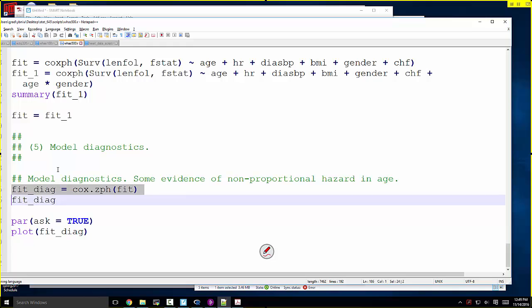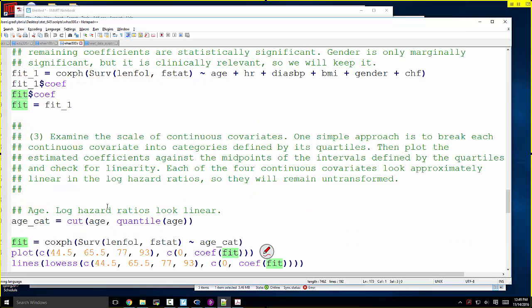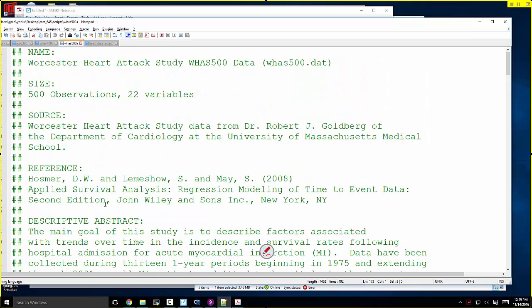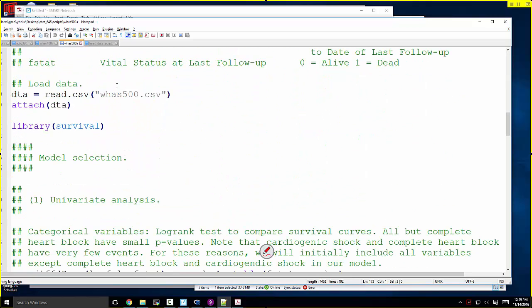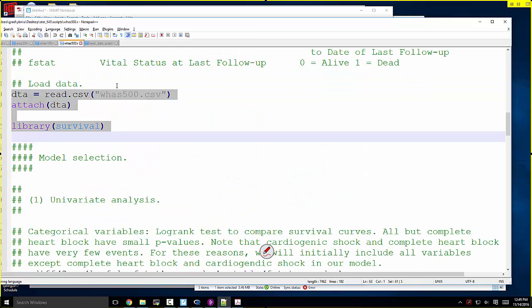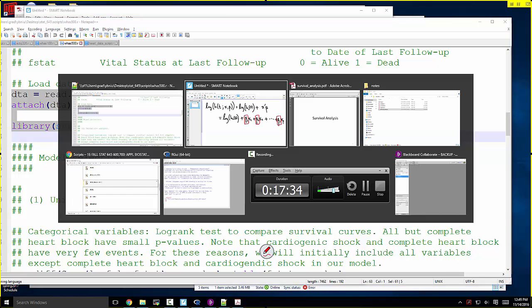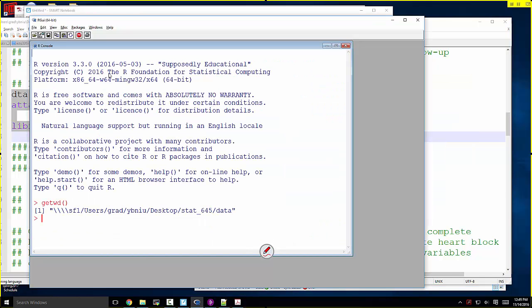And the way it works is you provide a fitted Cox model, and that's it. It's going to give us p-values for each of the covariates in the model. So let me come back up to the top here and load the data and run all this interim code so that we can run the check at the end for whether proportional hazards hold.